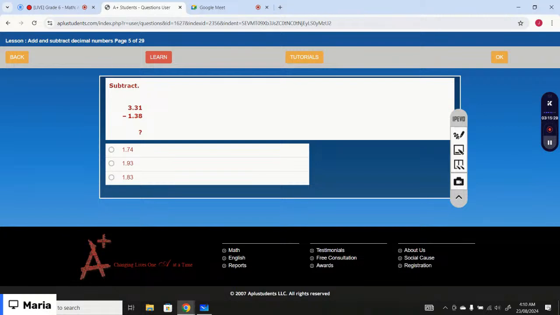That is 1.93. Option number 2 is the correct option.